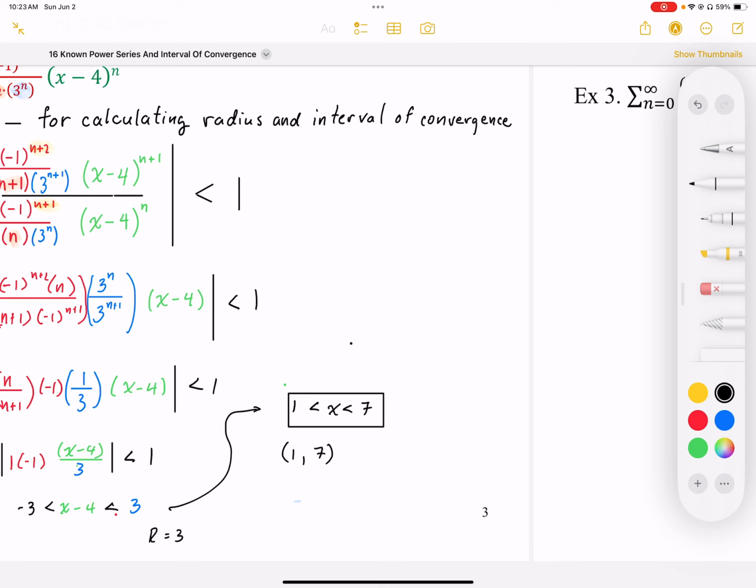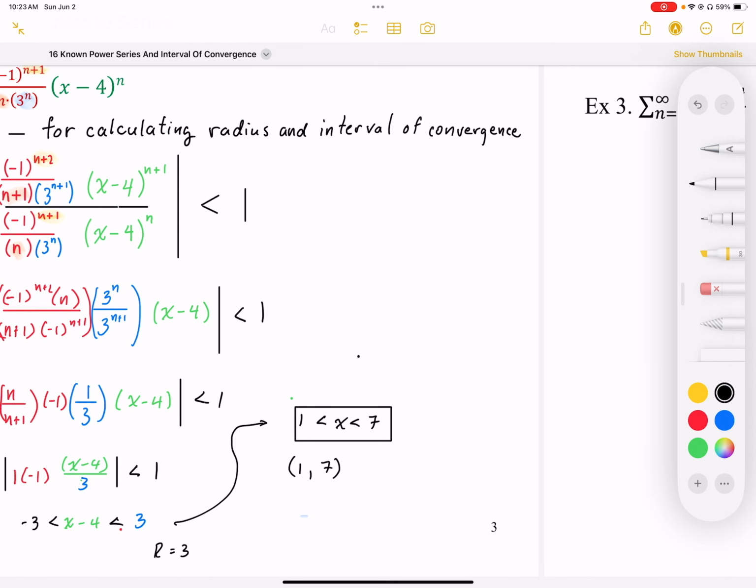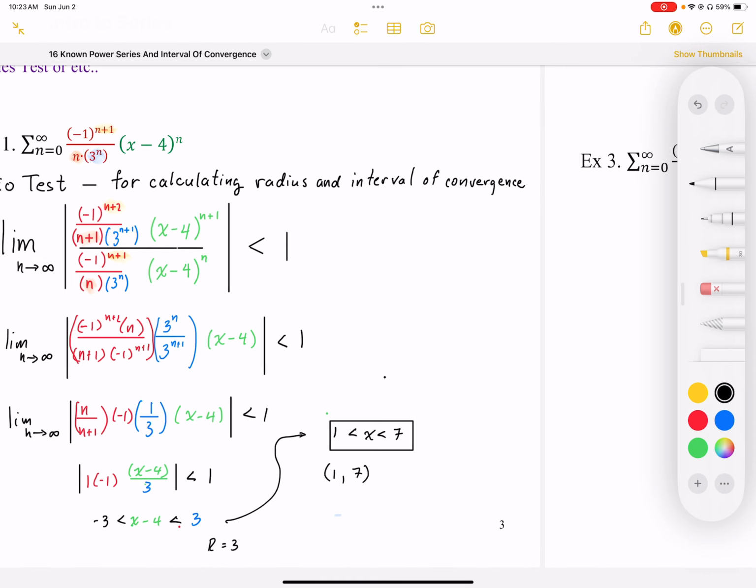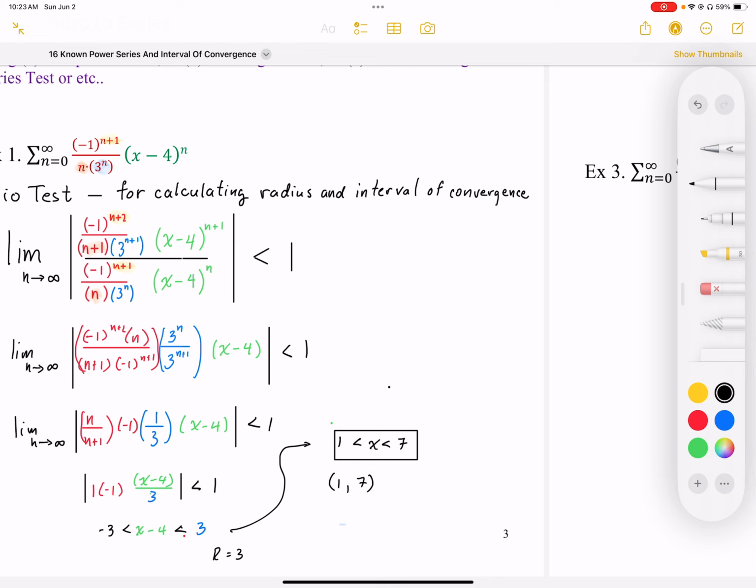Okay, at this point we need to test the endpoints. We're going to test these endpoints for convergence. So what we're going to do to test endpoints is we're going to plug the x values. We're going to test x equals 1, and we're going to plug 1 into that expression and then work out our limits here.